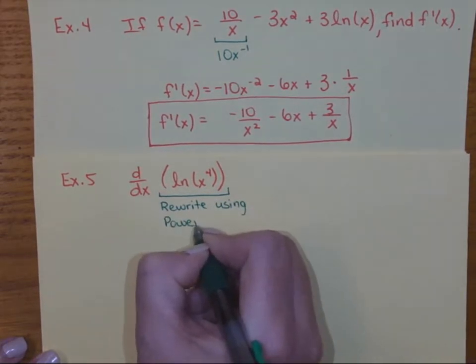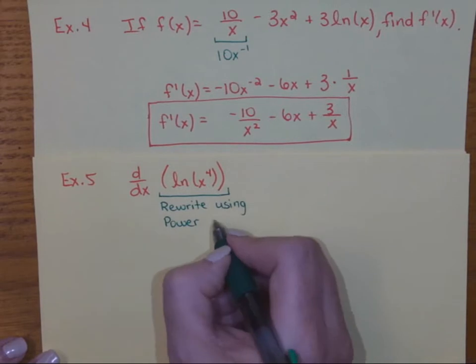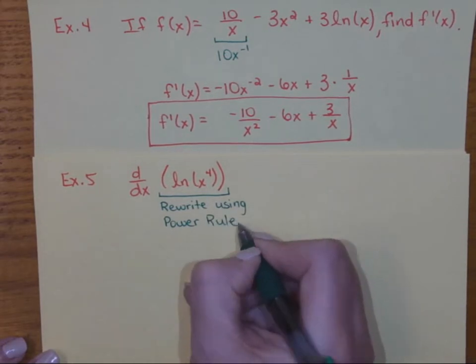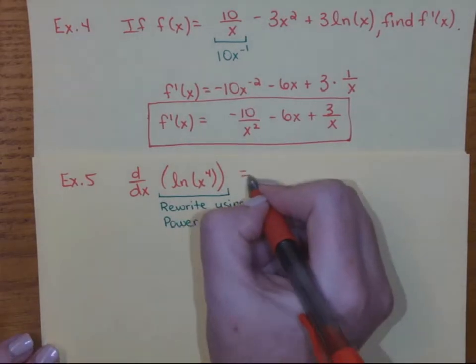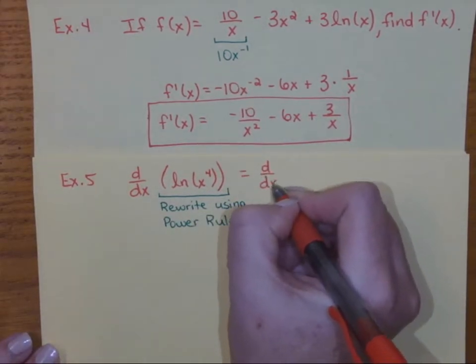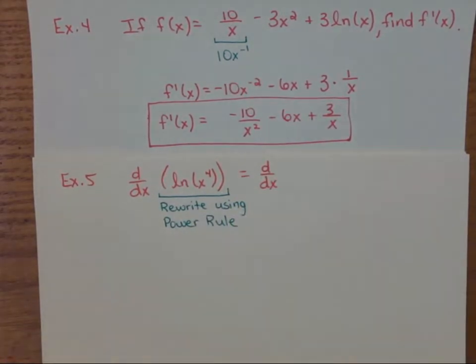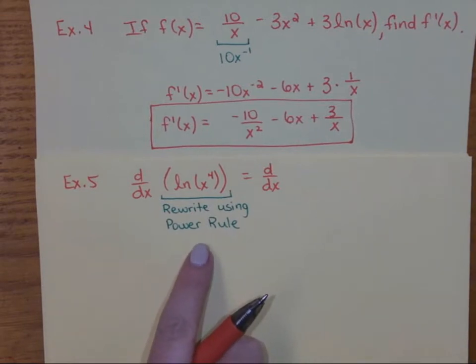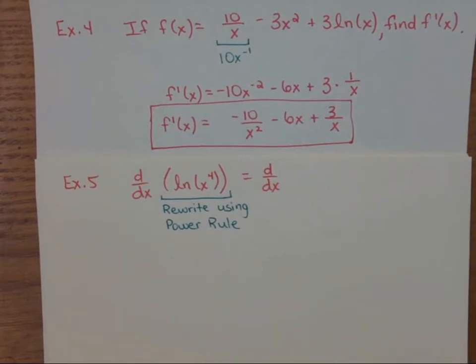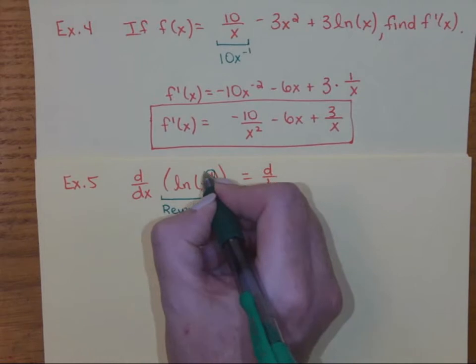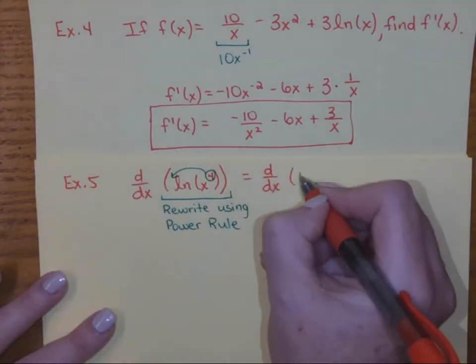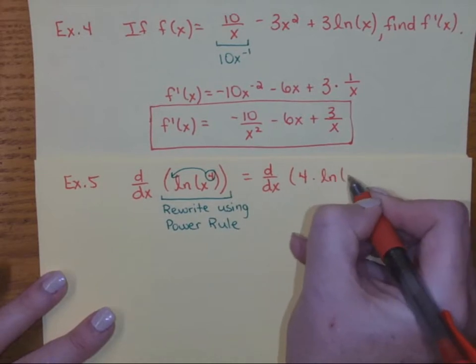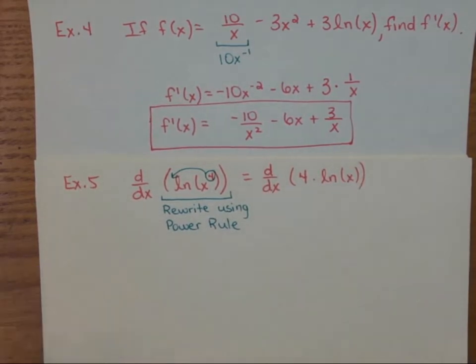Okay, notice we have the natural log of something raised to a power. So I'm going to continue this d/dx notation because I'm not doing the derivative right now. I'm using algebra to write this in a different way using the power rule. So remember what the power rule says. It says we're allowed to move the power around to the front of a logarithm term. So now we're really just being asked to find the derivative of 4 times the natural log of x.